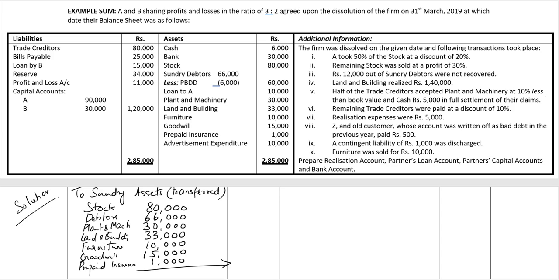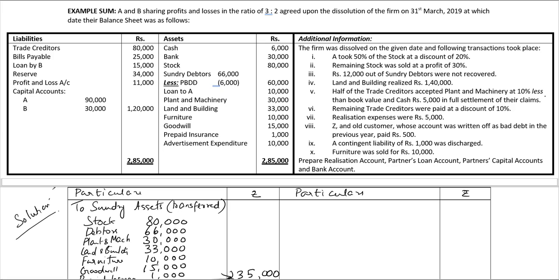Let's get the total of the assets transferred. 2,35,000 is the total of the assets which have been transferred. We'll begin by transferring the provision for bad and doubtful debts to the credit side of the realization account.